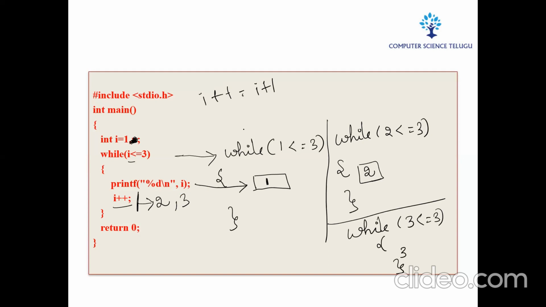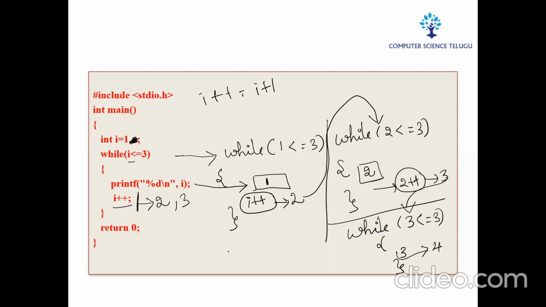So remember, initially the i value is 1, it is printed, then incremented with i plus plus, which is 2. That's why the i value becomes 2, and 2 plus plus is incremented to 3. Next 3 is printed. Then i plus plus, which is 3 plus plus, that is 4.